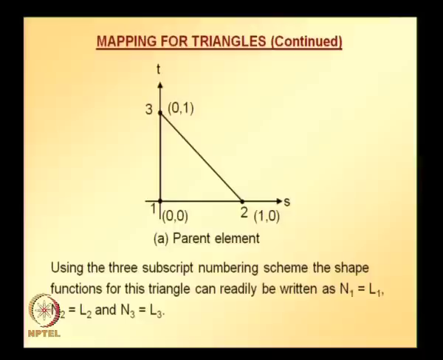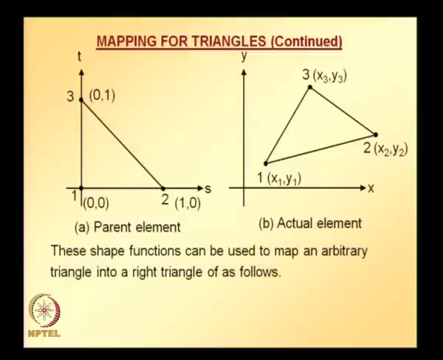So, we got shape functions N1, N2, N3 of the parent element, and we also know the coordinates of all nodes of the actual element. So, we can easily write the mapping.